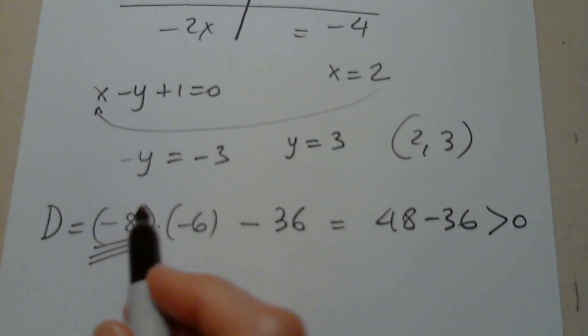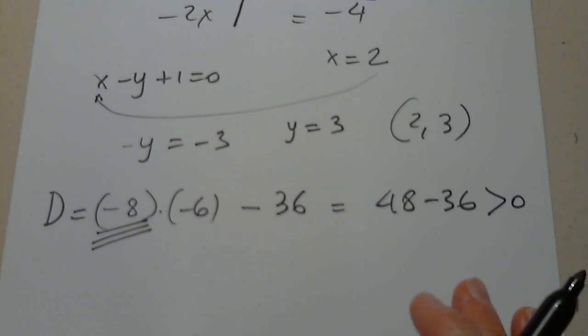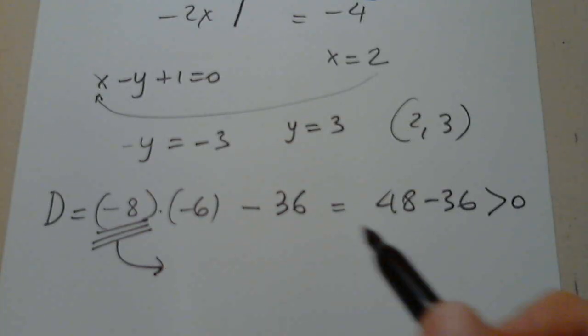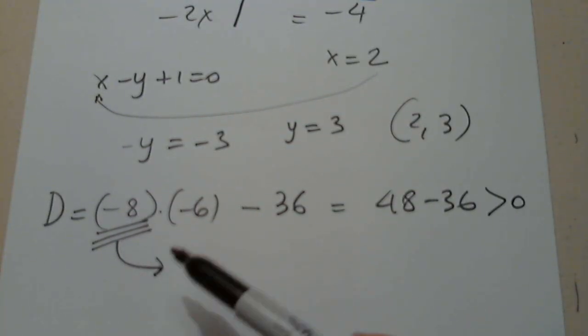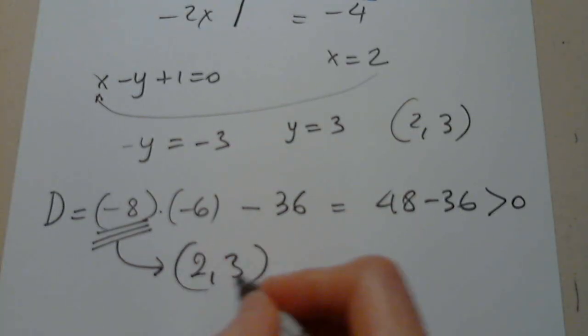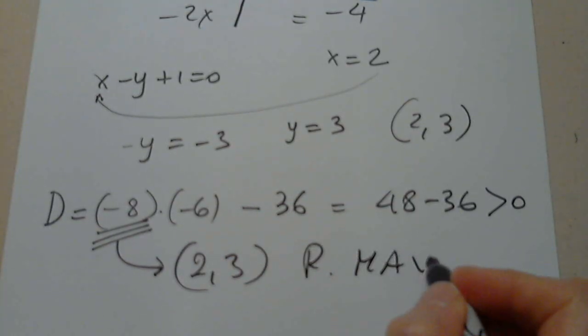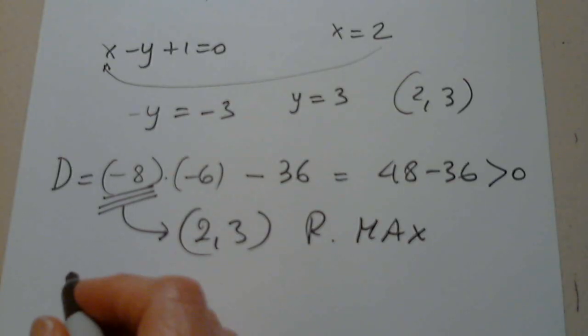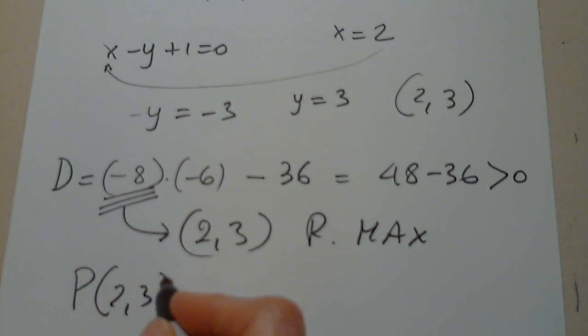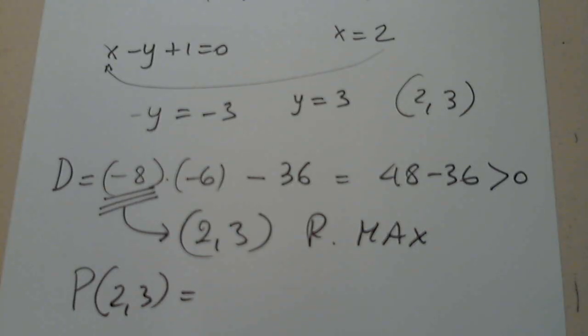And Pxx is negative. So that means when D is positive and Pxx is negative, (2, 3) gives a relative max. But what is it? I don't know. I have to go back to the profit, carefully plug in 2 for x and 3 for y, and I'll get the actual maximum.